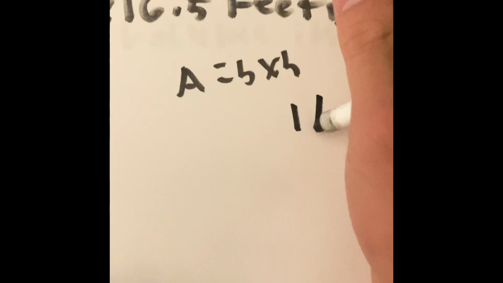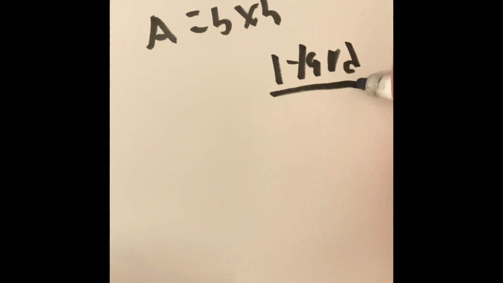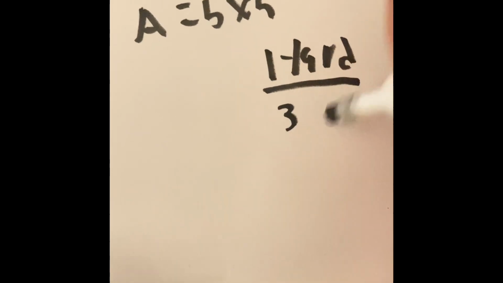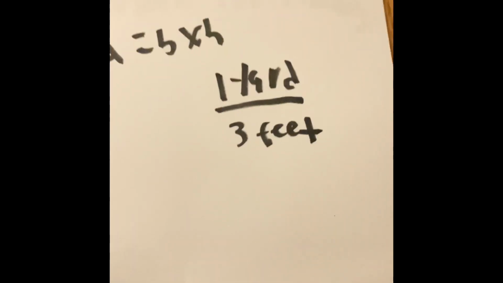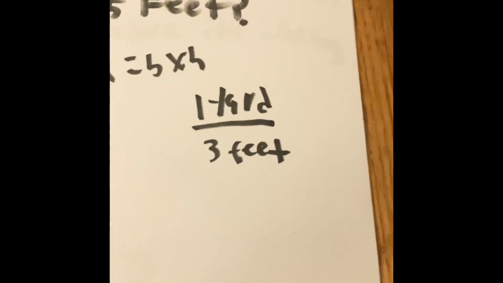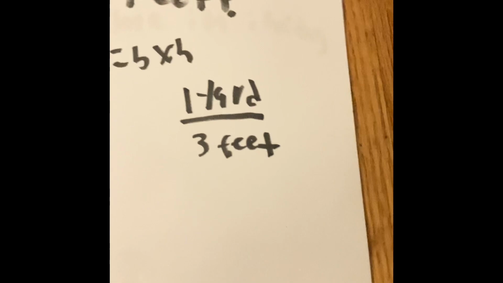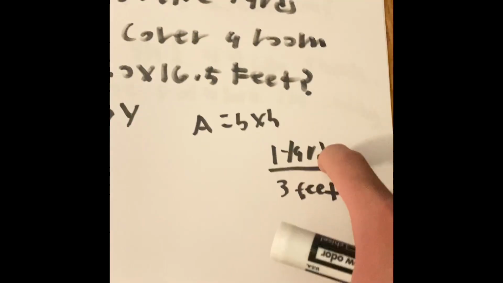Well, we already know that 1 yard, 1 imperial yard, is equal to 3 imperial feet in the USA system, or the imperial system. That's basically the only conversion we have to do: feet to yards.